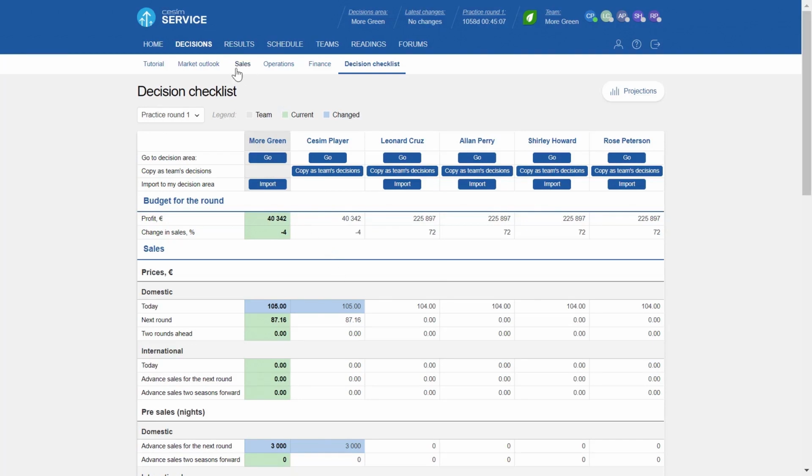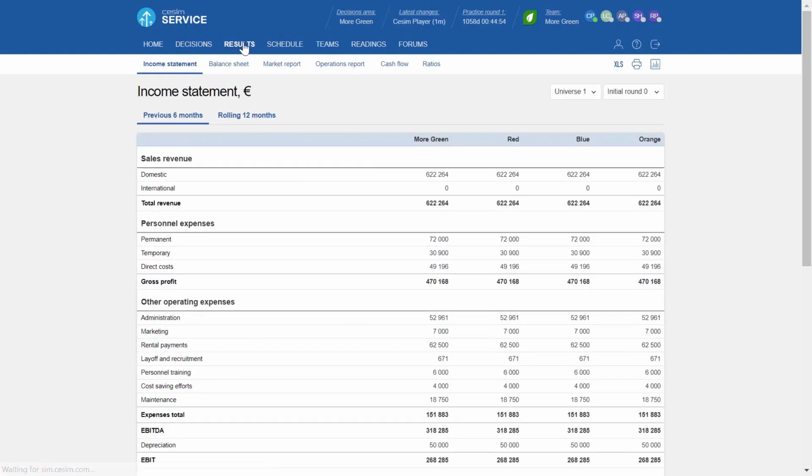Now we have done the decisions, we have copied them over to the team column, and now then we would wait for the deadline, and then at the time of the deadline the system calculates the results and they become available here. So we always show the results side by side for all the teams. We have financial statements, income statement, balance sheet.